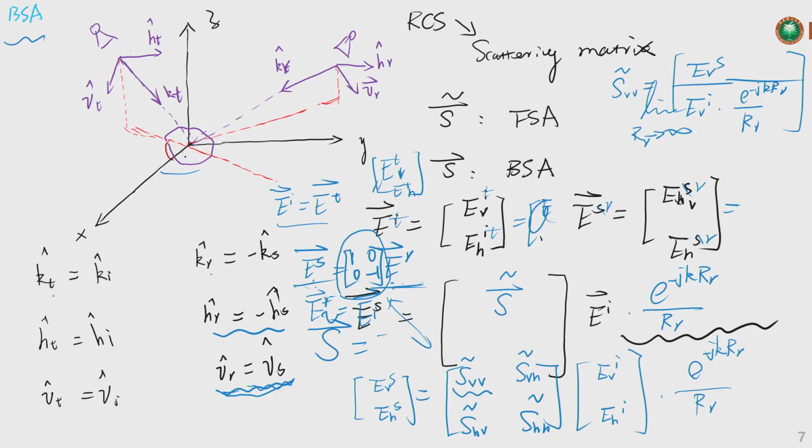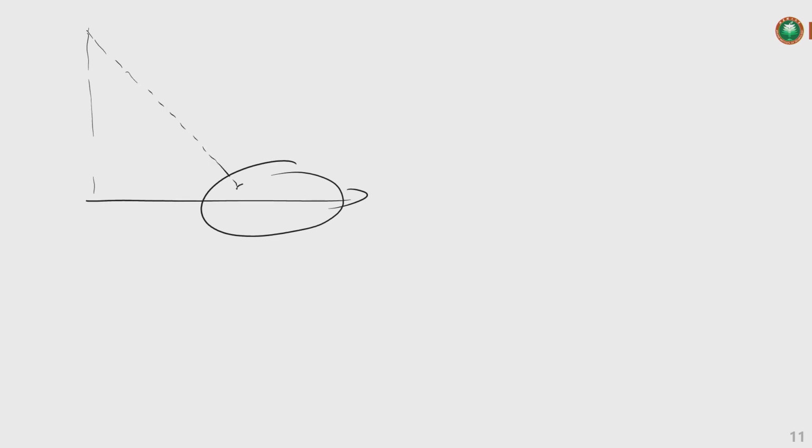But actually, if the target is distributed, then for each element we can only set, for example, there is a target here. So our expression previously for this part is this element, and for this part, this element, and both elements may have a different elevation angle.